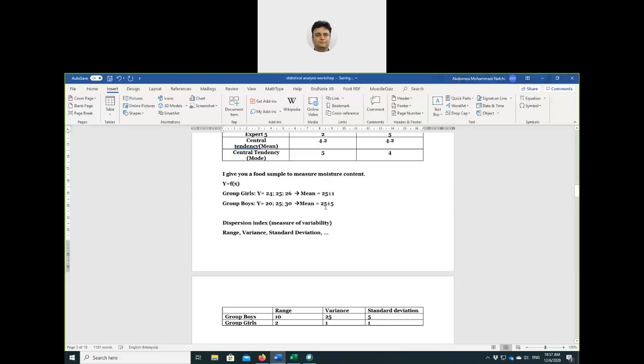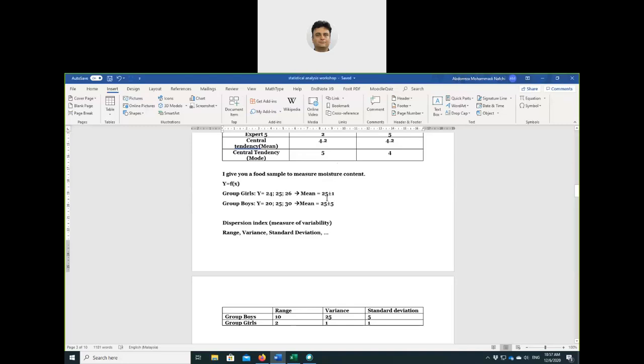Now this data is more clear as a representative of our data: one index from the central tendency, and one measure from the dispersion index, reported together. Sometimes if you report the mode, maybe you use the range or other types of dispersion index, but mostly it is with the mean.